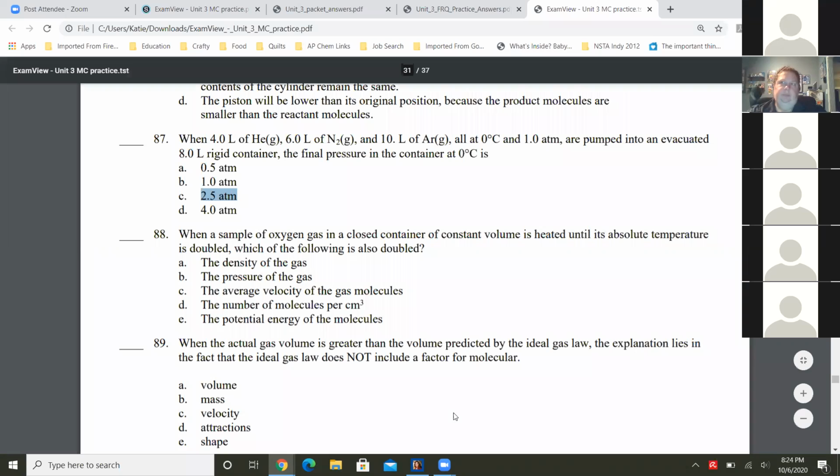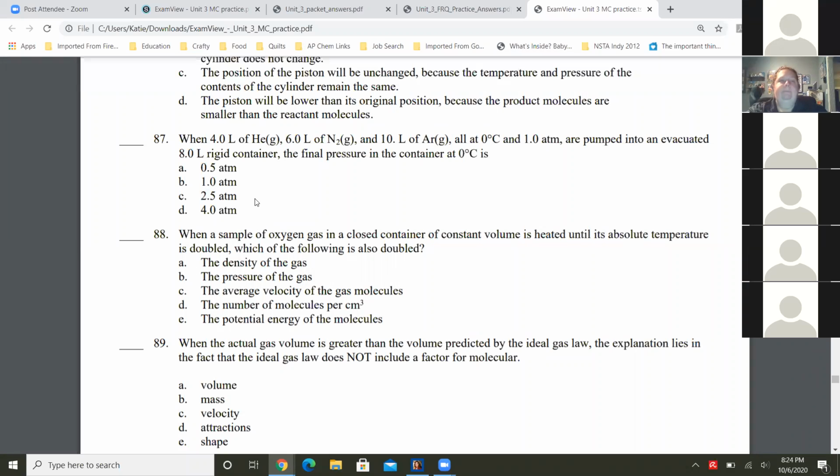I just had a couple general questions. Do we need to understand dipole-induced dipoles, or is it just dipole forces? So dipole-induced dipole is probably not super high on the list.